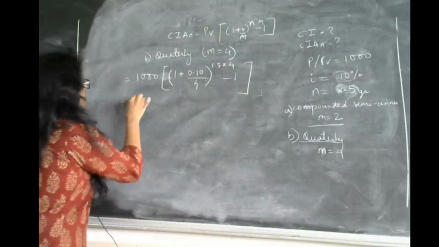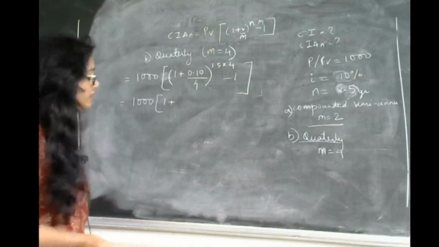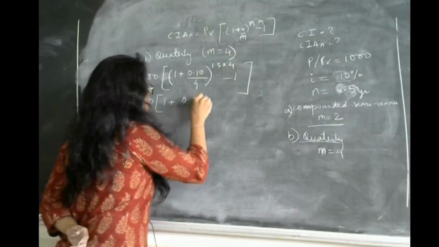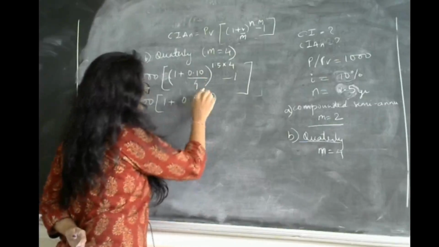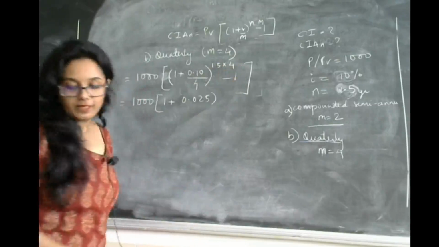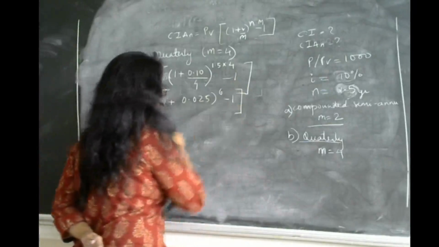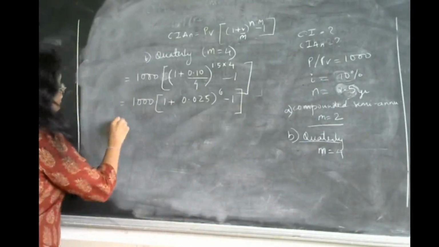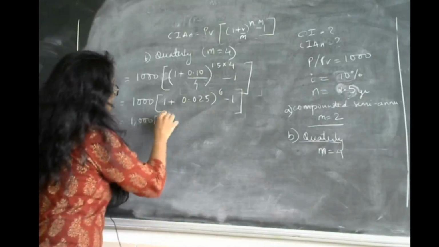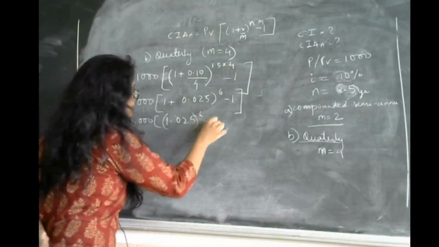Let us solve this. 10% divided by 4 comes to 0.025. Now 1.5 multiplied by 4 comes to 6, minus 1. So 1000, 1 plus 0.025 comes to 1.025, the whole raised to 6, minus 1.